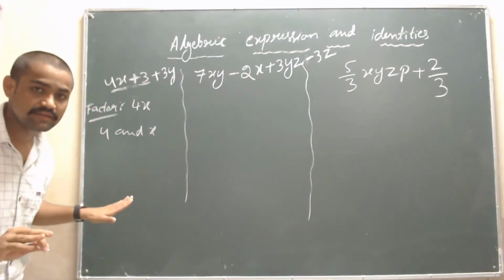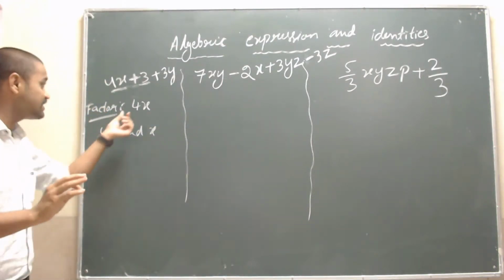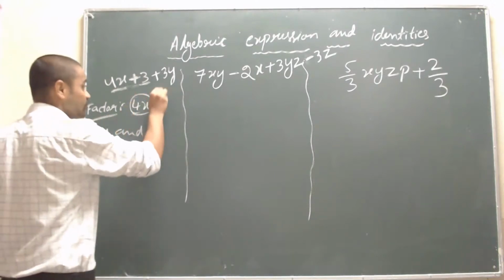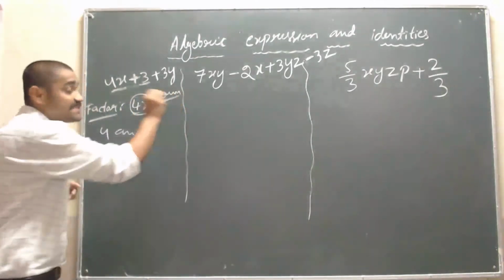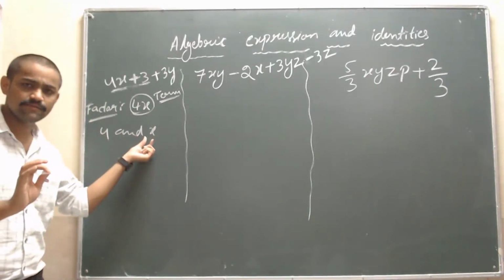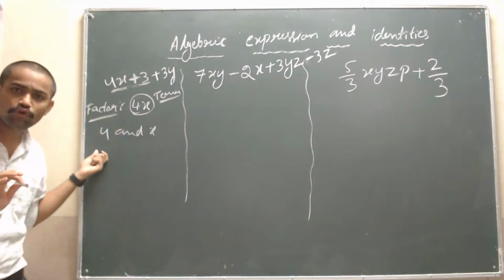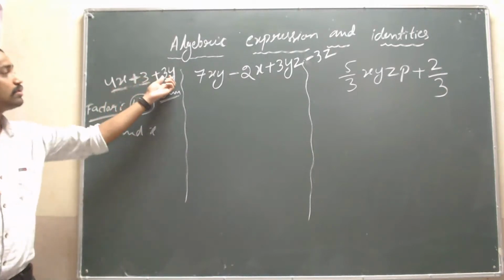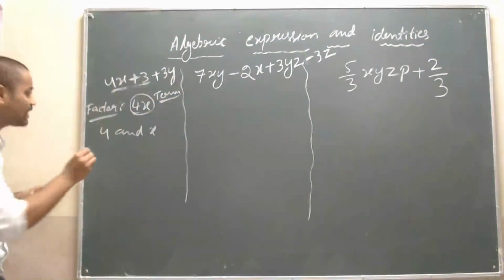Is it clear? This is the term, and this is made up of the product of factors, that is 4 and x. What are the factors here? 4 and x. Take one more term, that is 3y.